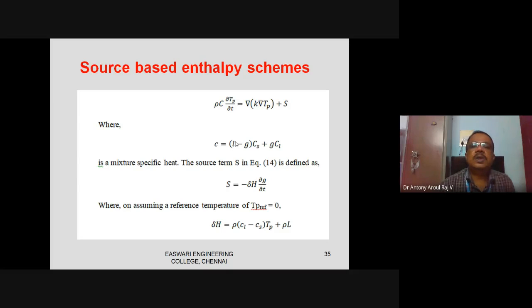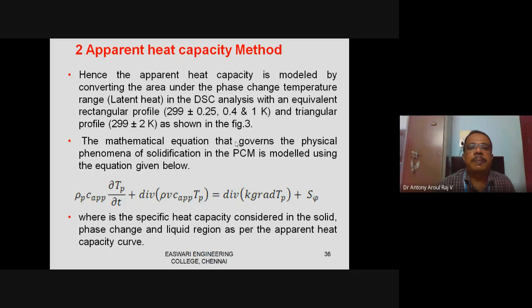And next is the apparent heat capacity method. In the apparent heat capacity method, we will be solving the same energy equation, but we will be going for a specific heat, which is called apparent specific heat. How do I calculate the apparent specific heat? Already I told you, divide the latent heat by the temperature range.